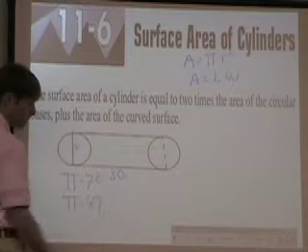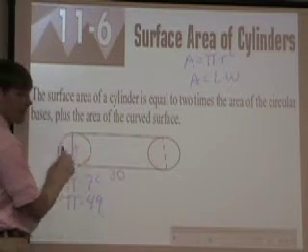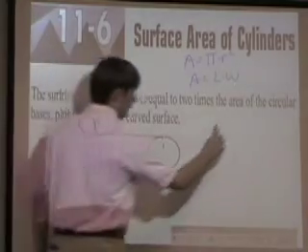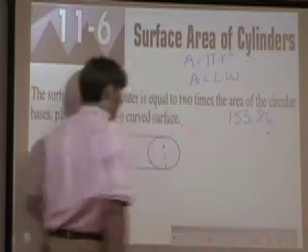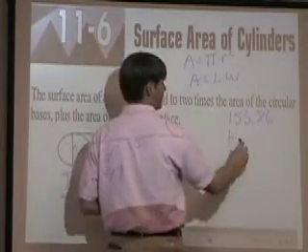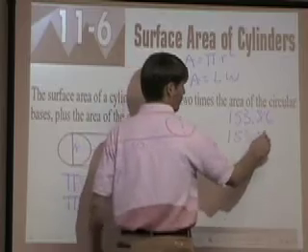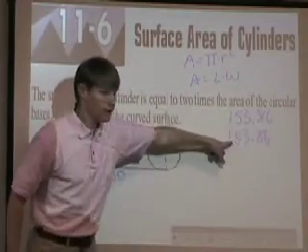What's pi times 49? 153.86. So the area of this circle is 153.86. Now, how many circles are there? 2. So I add it again for my second circle. Okay, so this is the first circle, the top, this is the bottom.